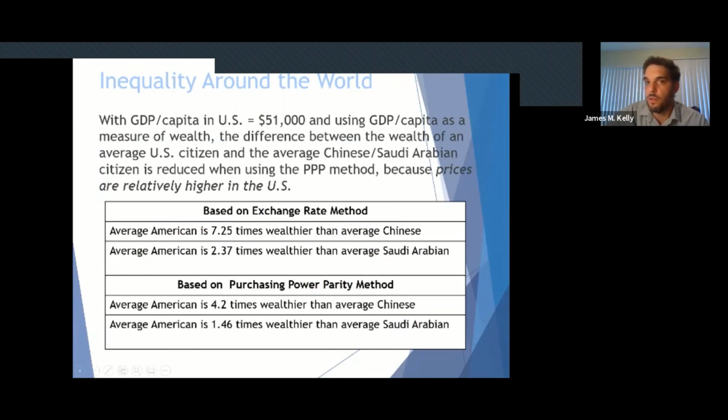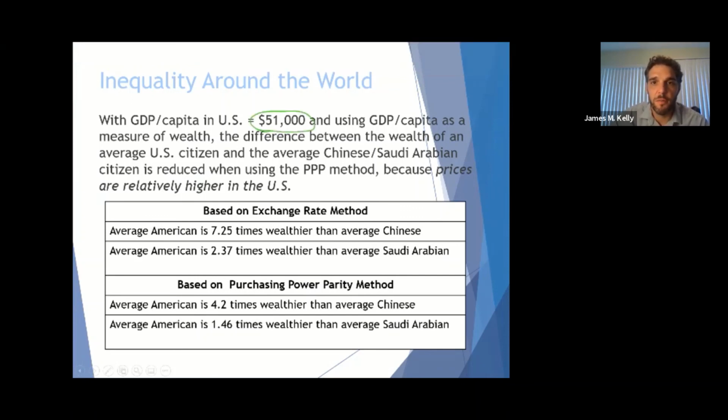So US GDP in 2015 was about 51,000 per person. But because the cost of living is higher in the US, we see that using the exchange rate, Chinese people are relatively less wealthier compared to US citizens than they are compared using the PPP method.